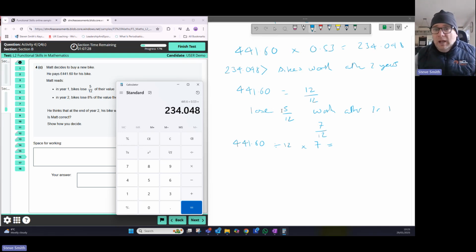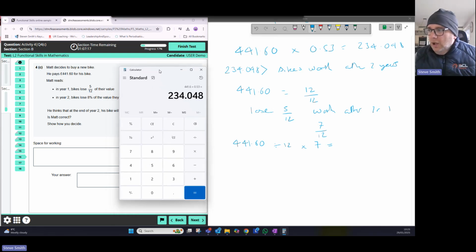But you can actually just work out what 5/12 is, if that's easier for you, and take that away from the original value. I'm just trying to save you a couple of seconds. If you're still comfortable using your method, then 100% stick to your method, because I wouldn't want to confuse people within an exam. So we divide it by 12 and then we times it by 7.